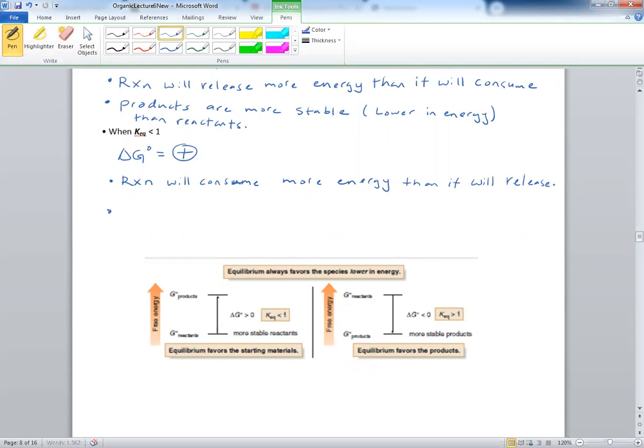And what does that mean? It means that the products are less stable, because they're higher in energy, than the reactants.